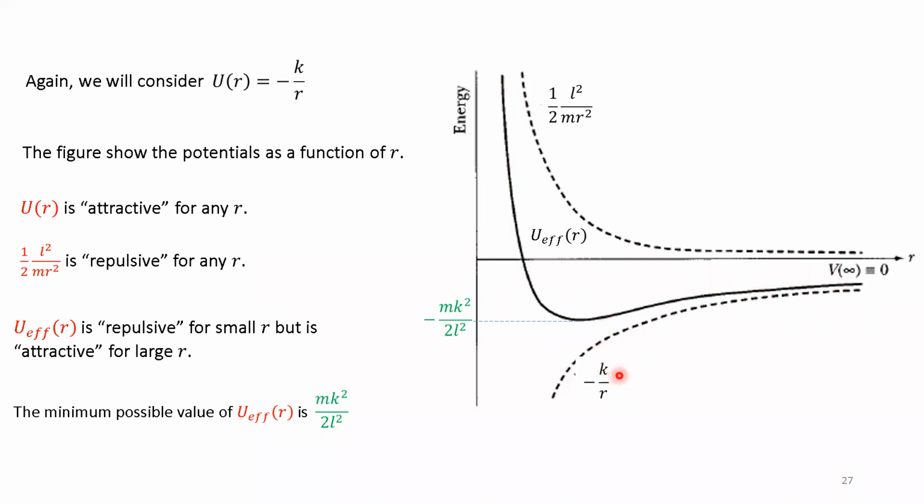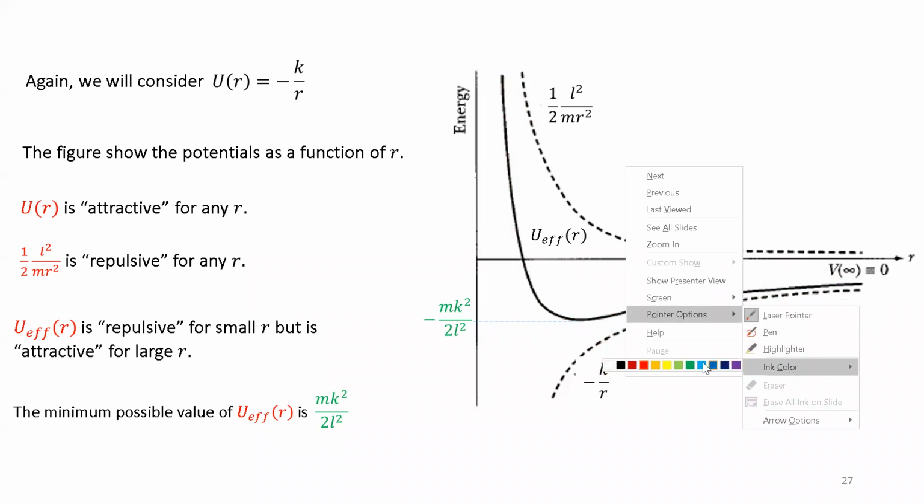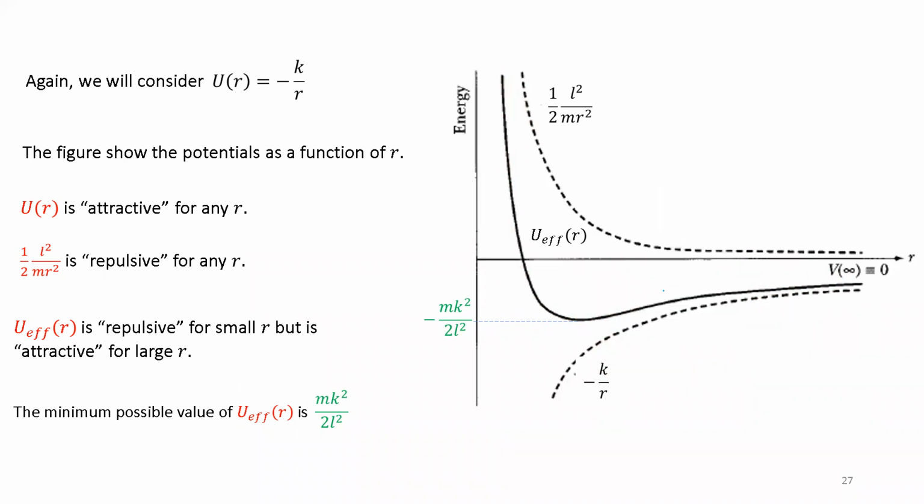Because if your particle is here, then you experience an attractive force, so the particle tends to go to the position with the lower potential energy. On the other hand, if you're right over here, the particle will tend to go this way, but getting repelled. So you can see that there's a minimum point over here.